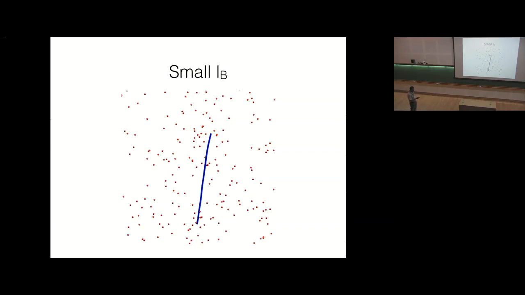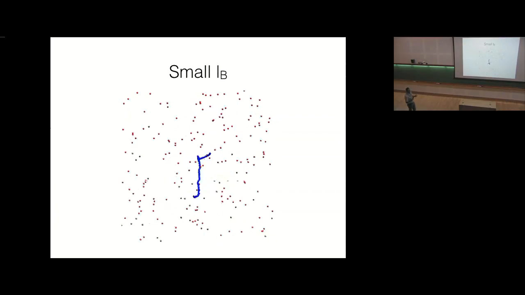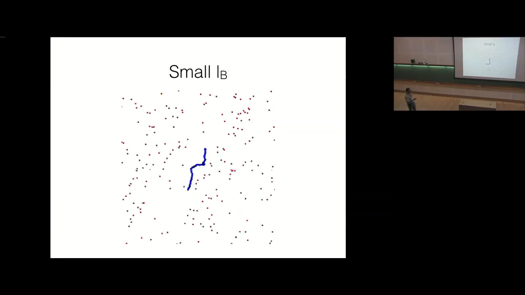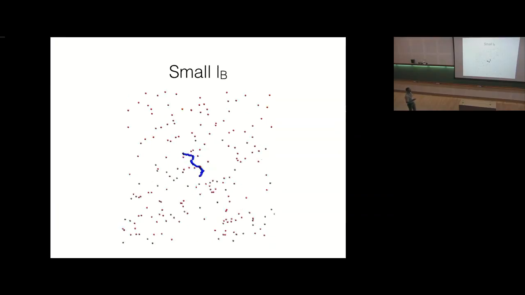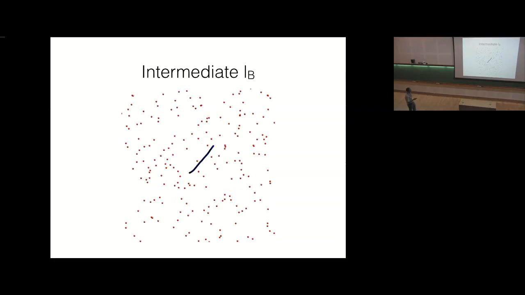To illustrate the behavior at small, intermediate, and large density, I'll just show three movies. At small Bjerrum length, the counterions remain in the solution, and the polymer behaves as if it's a neutral polymer. Then, if you increase the charge strength or the Bjerrum length, the counterions start condensing onto the polymer, by a process called Manning condensation.